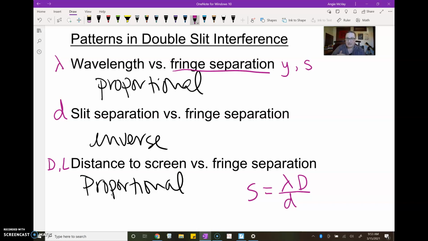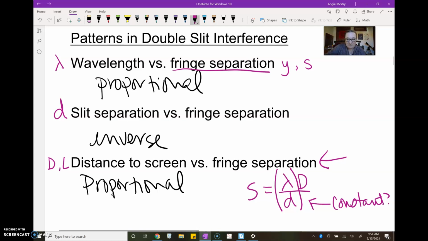If you made a graph and came up with a line of best fit, say distance to the screen versus fringe separation, and you know the value of the slit separation and the wavelength, take the wavelength and divide it by the slit separation and see if you get that as the constant. Okay, spoiler alert, you should.